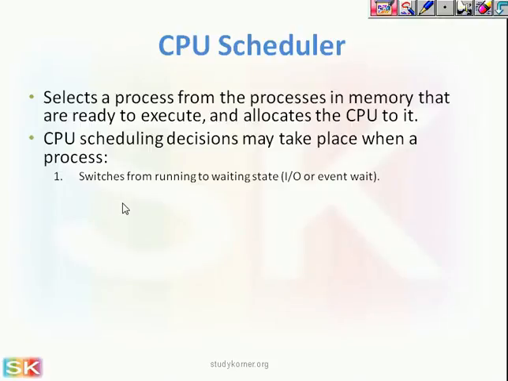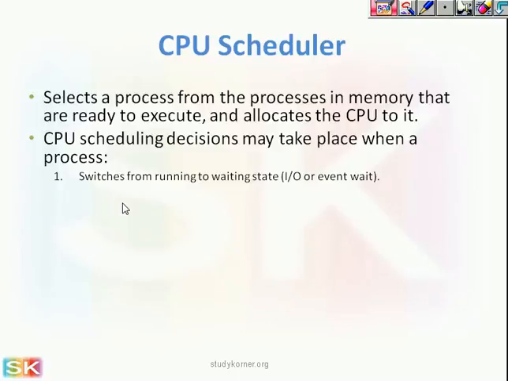So whenever a process comes out from CPU, the CPU is idle. When CPU is idle, there is a need to put the next process into the CPU, and it's the job of CPU scheduler, right? Now when a process is coming out from running state, in which state this process may go?